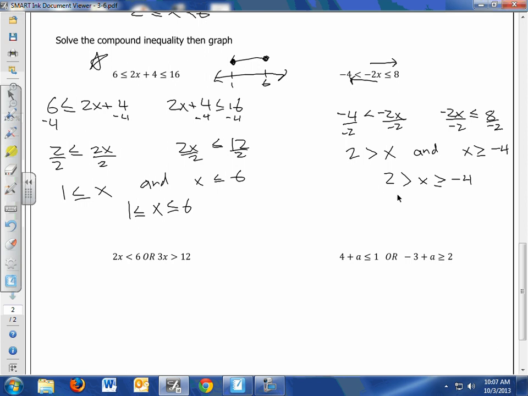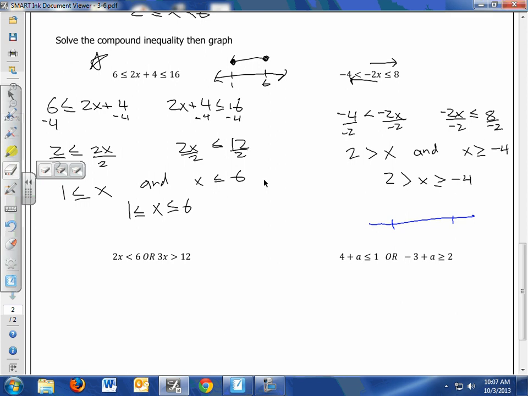Now, this is where people get confused, because they're used to drawing a solution just like this. 1 is on the left, I put 1 on the left. 6 is on the right, I put 6 on the right, and connect the two. Could I write my solution like this? No, cannot, do not.